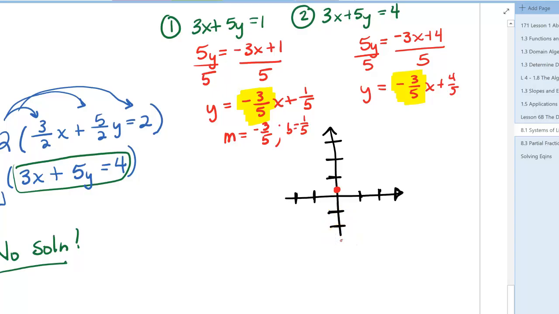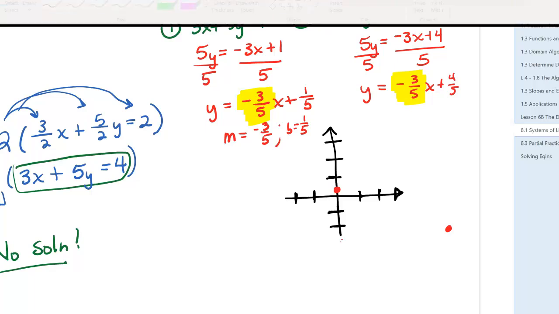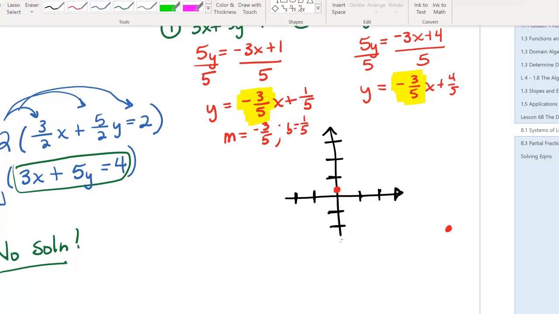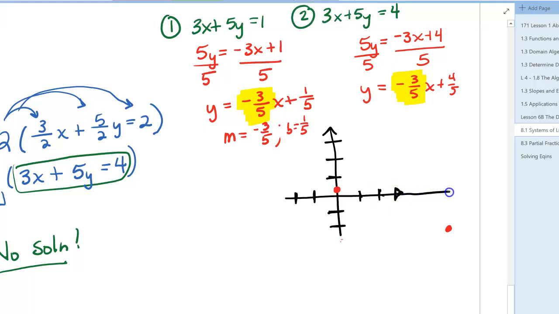Whoops, I didn't do enough lines, did I? Now let me extend my coordinate plane just a little bit more. Sorry about that. Okay, so this is the graph of the first line.